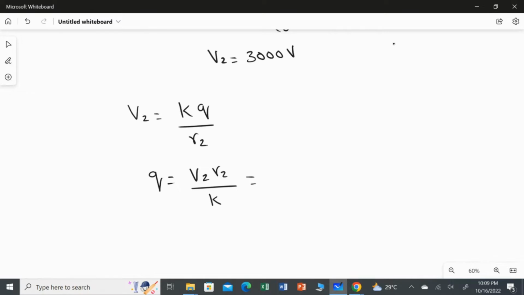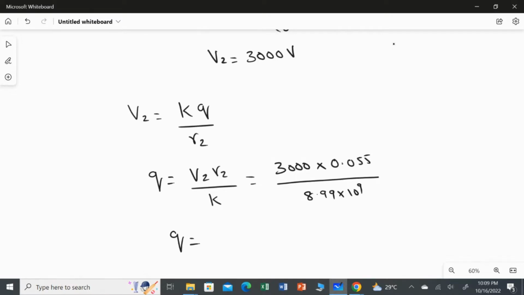Now I'm going to substitute the value. V2 we found in the first part as 3000, multiplied by our R2 value, 5.5 centimeter. So I have to write the value in terms of meter, 0.055, divided by the value of the Coulomb constant K, which is 8.99 multiplied by 10 to the power of 9.